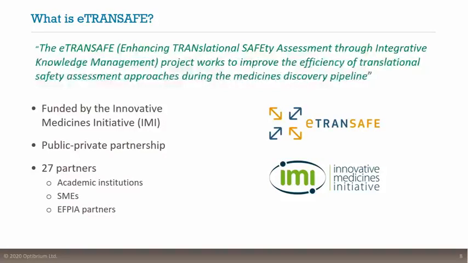So eTRANSAFE is an IMI project, so that's the Innovative Medicines Initiative, which is an EU initiative that aims to promote public-private partnerships with FPA partners, where FPA partners are essentially pharmaceutical companies. There are 27 partners in eTRANSAFE, and they are academic institutions, small and medium enterprises like us, and those pharmaceutical companies that are FPA partners.